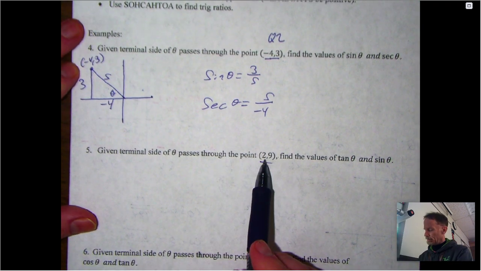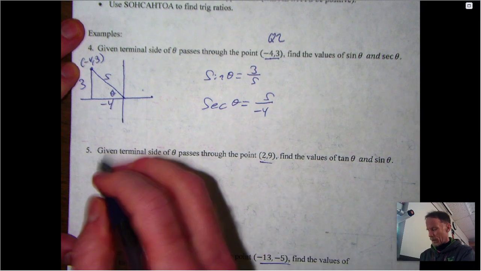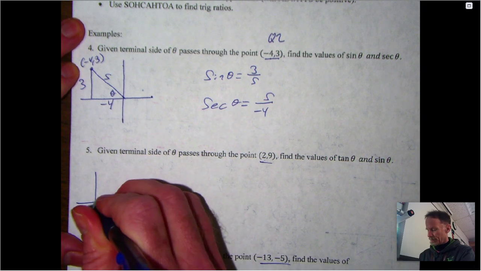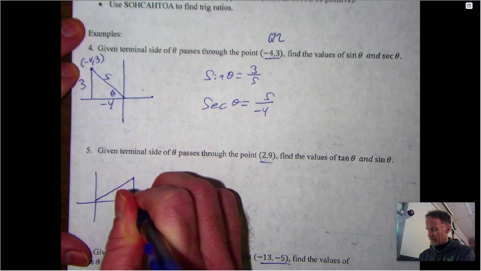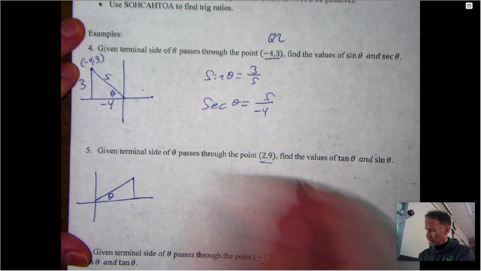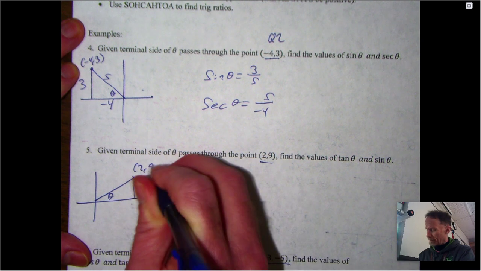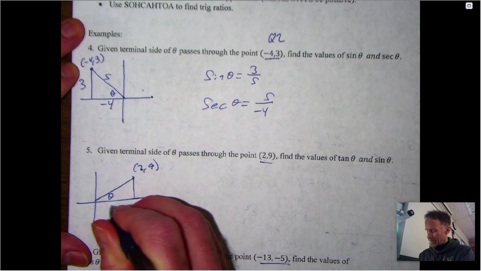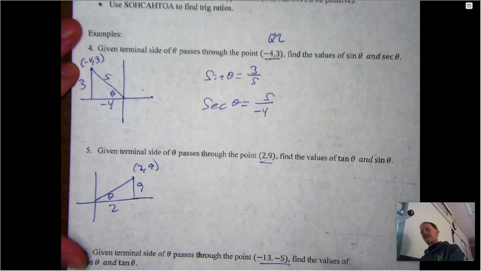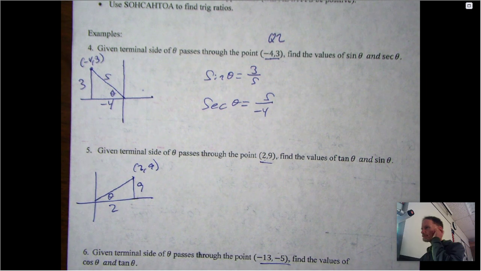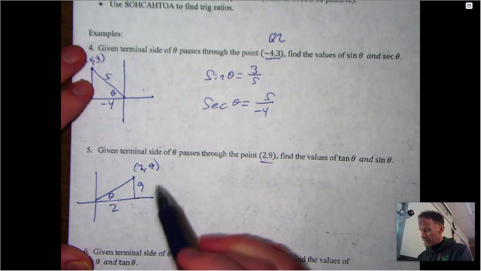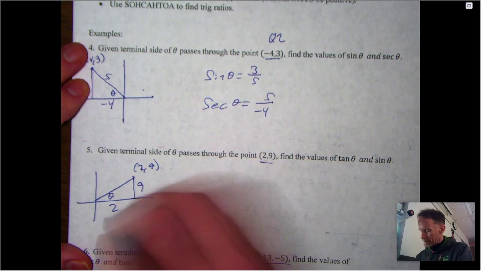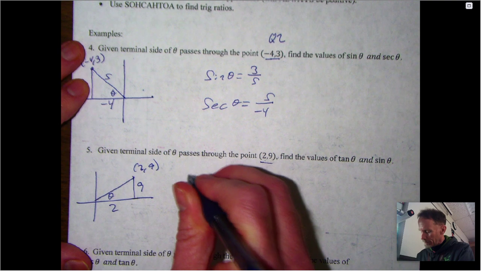So again, quadrant first. 2, 9, that's in quadrant 1. So that's the point 2, 9. That's my x, that's my 9. I didn't draw it very well, but who cares? I'll use the Pythagorean theorem this time because it's not a clean one.